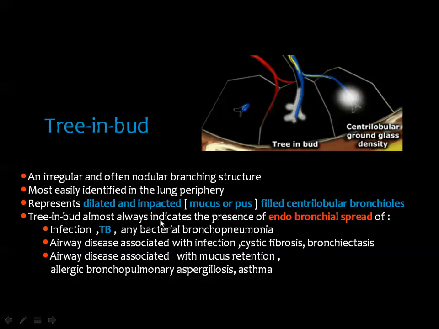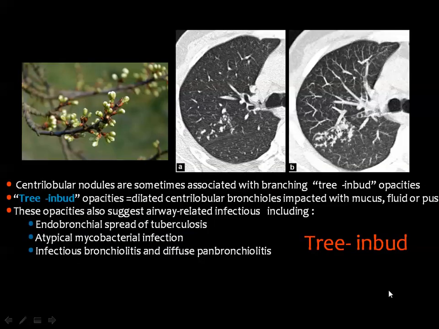And this almost always indicates that there is an endobronchial or transbronchial spread of infection, particularly TB, airway disease associated with infection like cystic fibrosis and bronchiectasis, airway disease associated with mucus retention like allergic bronchopulmonary aspergillosis and asthma. And this is the classic appearance of tree-in-bud opacities in the high resolution CT, and this is what we mean by tree in bud.